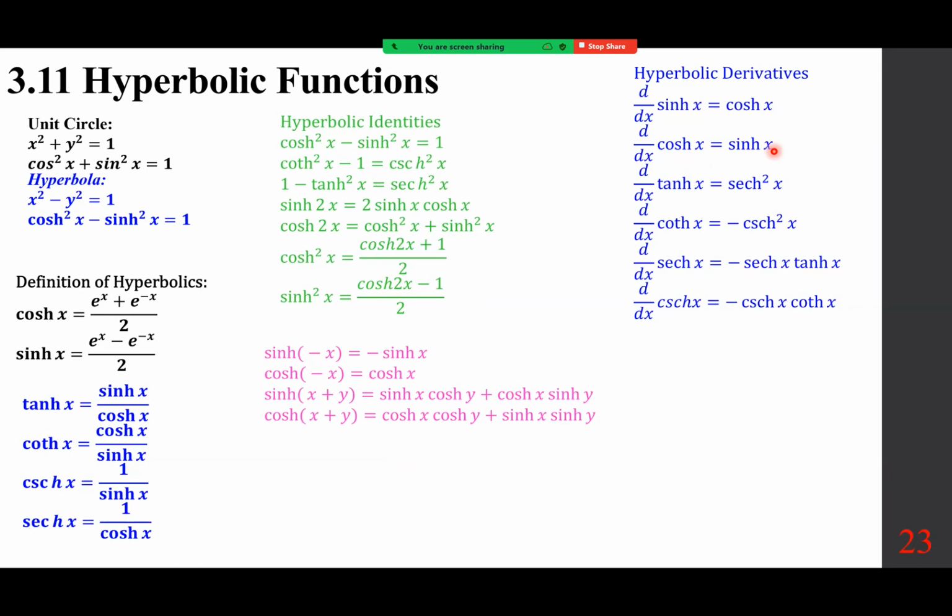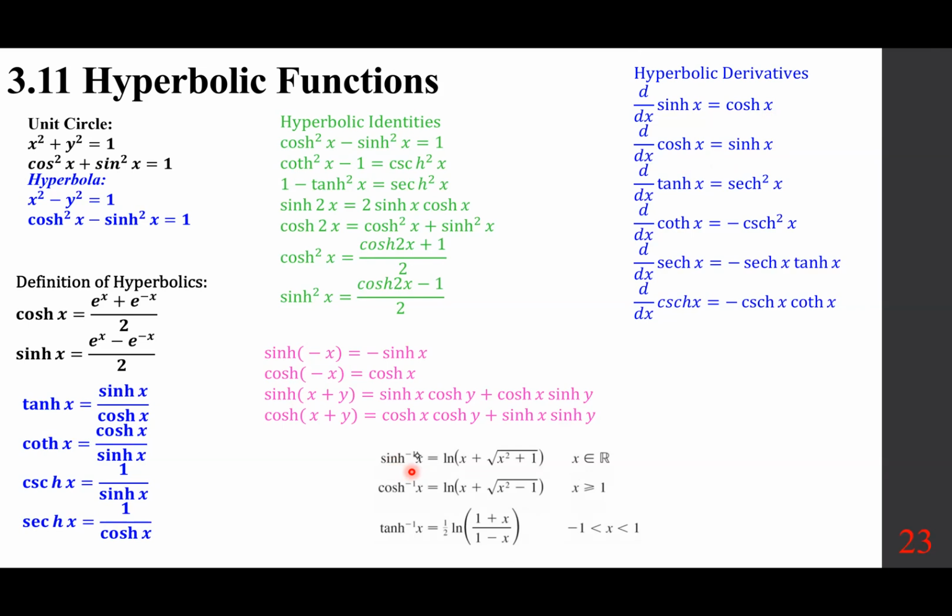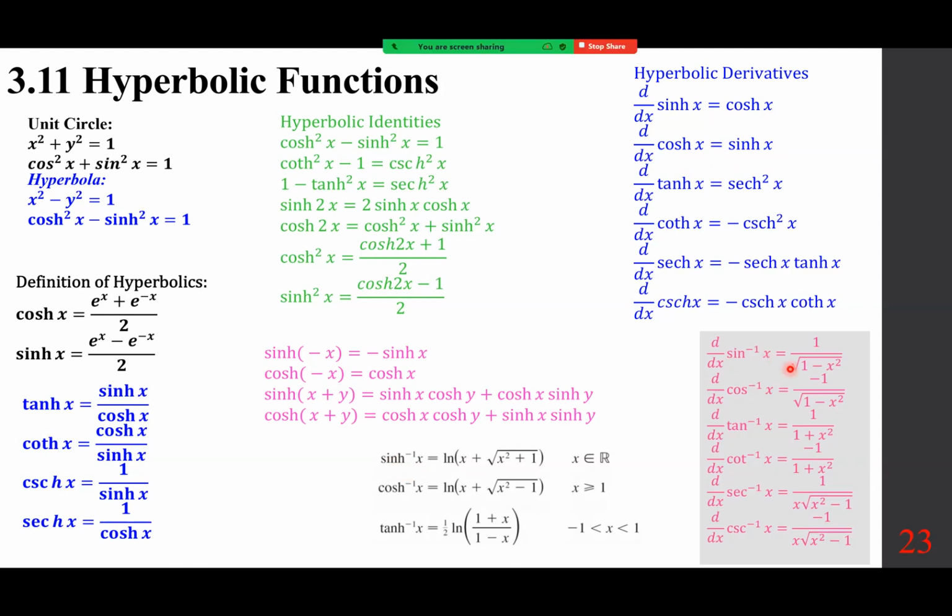We also have inverse hyperbolic functions. We're going to lightly go over that, and we remember the trigonometric functions, the inverse trigonometric functions as well. For example, the derivative of sine inverse x is 1 over square root of 1 minus x squared.